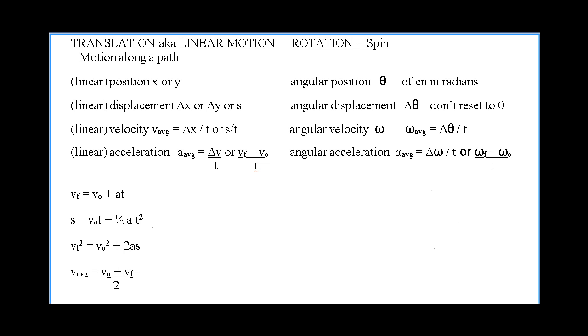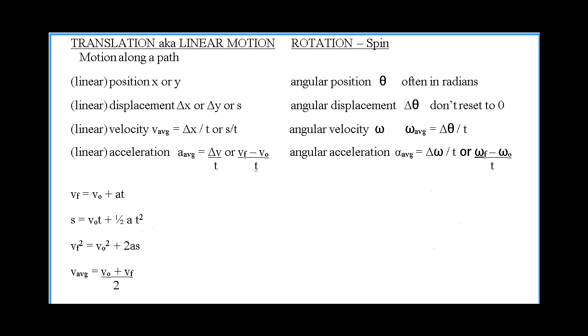On the bottom half of the screen, you see additional formulas for translational motion that you learned in Physics 1, and which apply when the acceleration of your object stays steady.